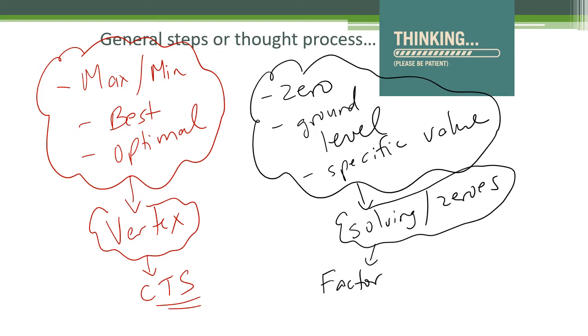Factor if it's easily factorable. If not, or if you don't even realize how to factor it, maybe the numbers are too high for you, then quadratic formula will always work.